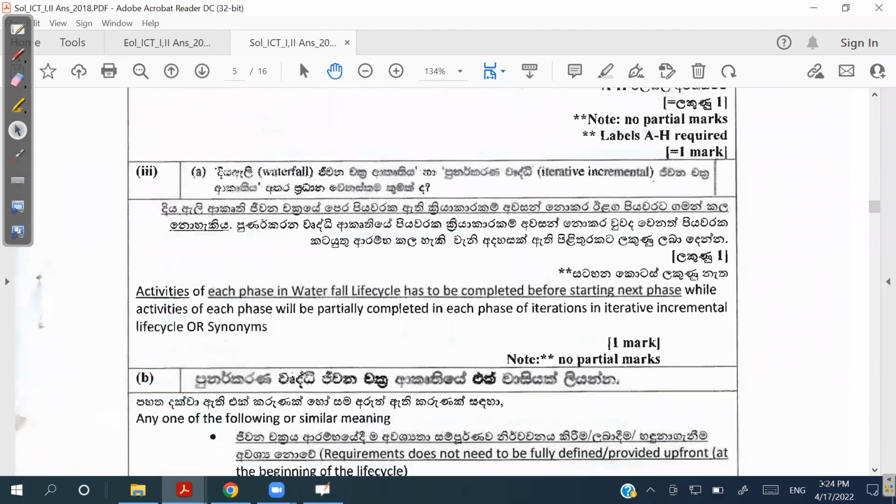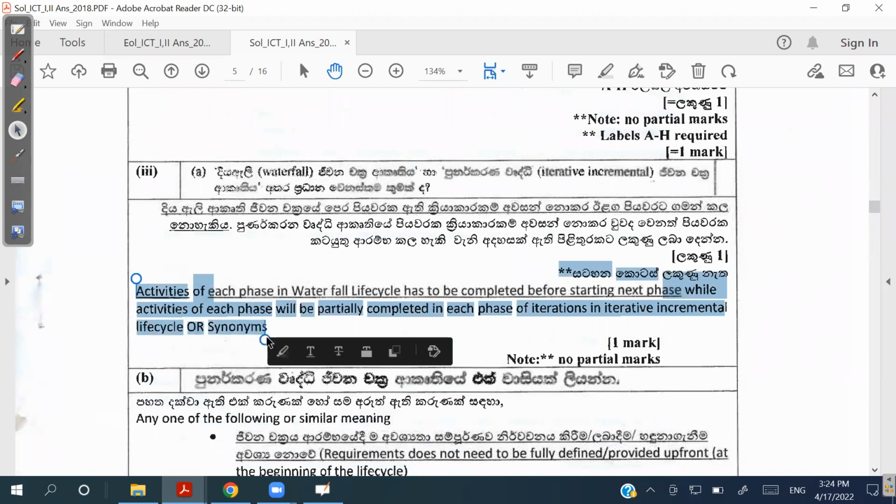So here are the differences. It says the main difference: activities of each phase in the waterfall lifecycle have to be completed before starting the next phase, while the activities of each phase will be partially completed in each phase of the iterative incremental lifecycle, right?